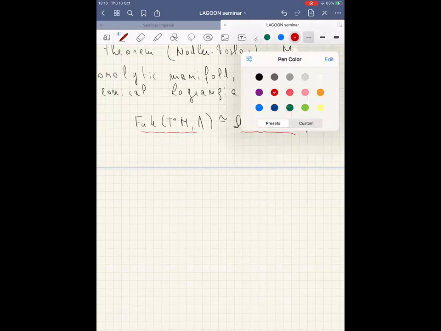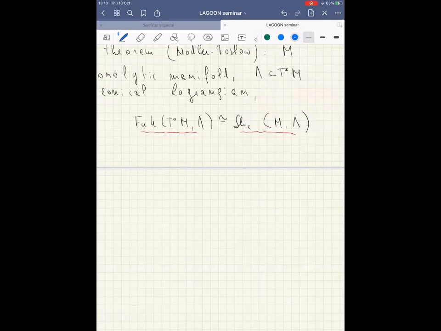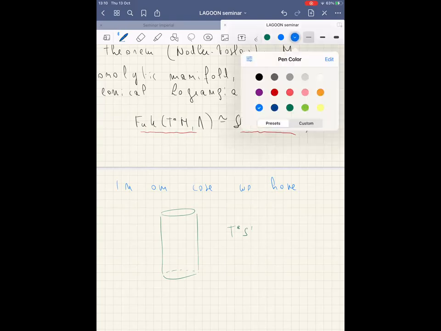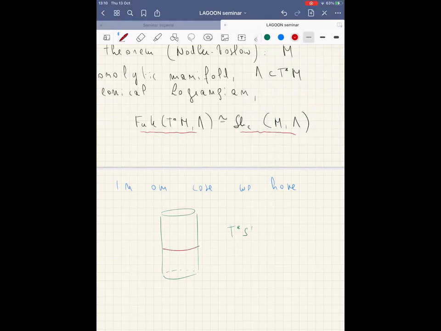So in our case, we have the cotangent bundle T star S1, and then here we fix this lambda.